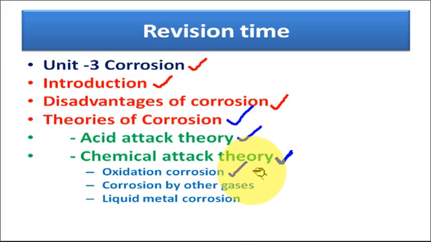Oxidation corrosion, in which corrosion is caused by the attack of oxygen on metal surface. Then we have discussed corrosion by other gases. Besides oxygen, some other gases like chlorine, H2S can also attack the metal surface and result in corrosion. Third category, we have discussed liquid metal corrosion, in which solid metal gets corroded in presence of liquid metal. That's all for today's class.